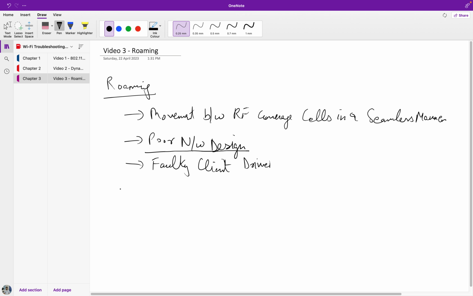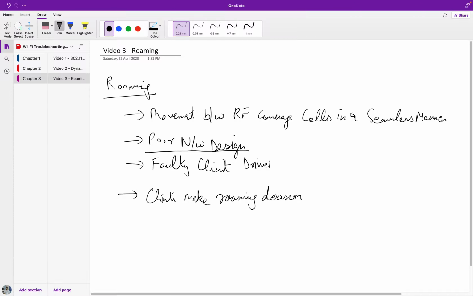And also keep in mind that clients make the decision. Clients are responsible for making the decision for roaming. It's not the access point. Always clients make roaming decisions. So when there are roaming issues going on, we don't need to always fall onto the access point. There are some decisions which are made only by the clients.